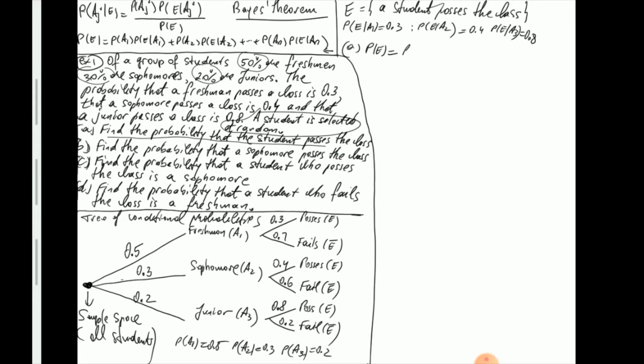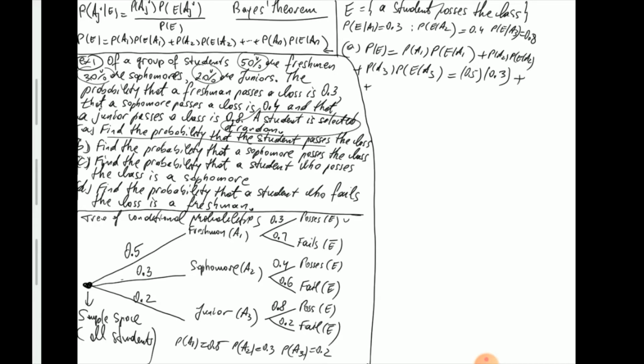You simply write down that this is the probability of A1 times the probability of E given A1, plus the probability of A2 times the probability of E given A2, plus the probability of A3 times the probability of E given A3. Schematically, if you look at the tree of probability, you go by each branch. The first probability of passing is via a freshman. So that's going to be 0.5, the probability of being a freshman, times 0.3, the probability of passing.